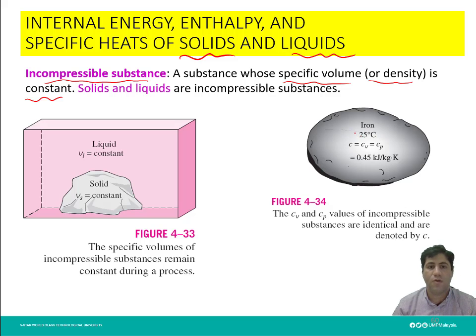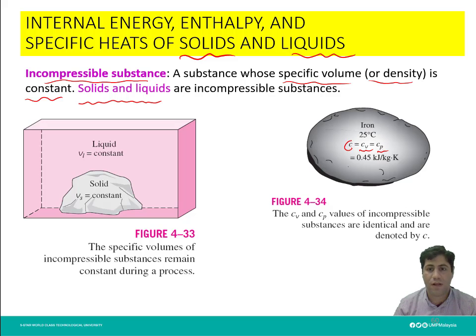So usually we call these substances incompressible substances, and they include solids and liquids. For these substances, we don't have Cv, a specific heat in a constant volume process, or Cp, a specific heat in a constant pressure process.